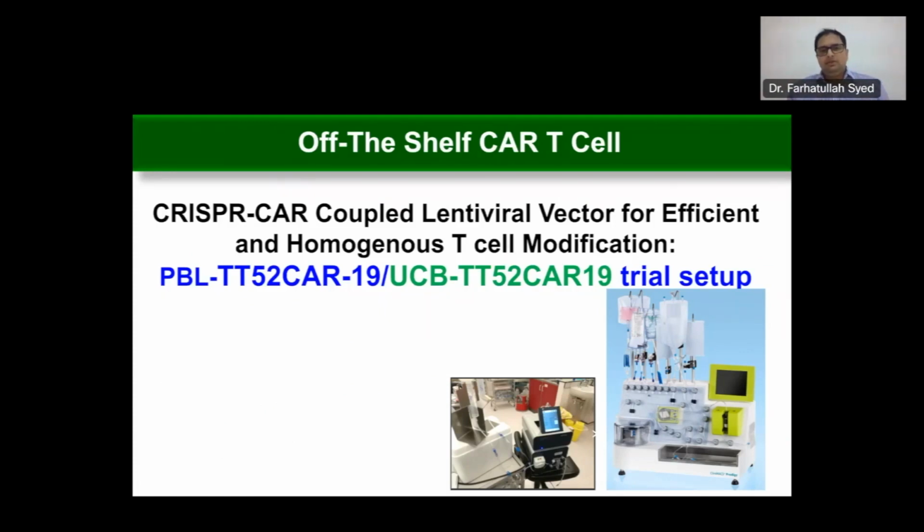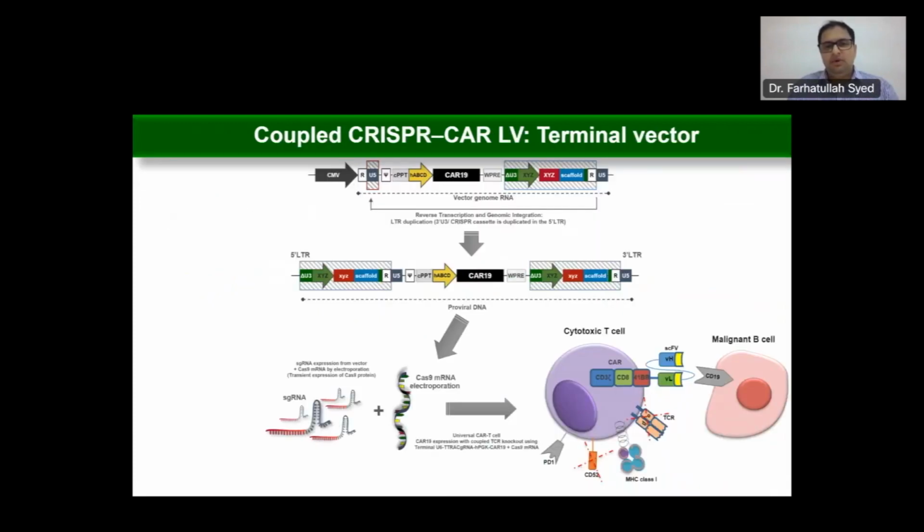Just to explain how the system works: we put the guide RNAs in the vector, which is a third generation lentiviral vector, and we combine the Cas9 mRNA plus the guide RNAs, and then we electroporate them and specifically knock out TCR and CD52 to generate off-the-shelf CAR T cells.